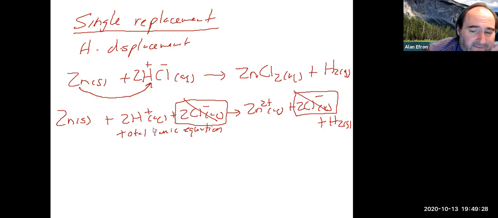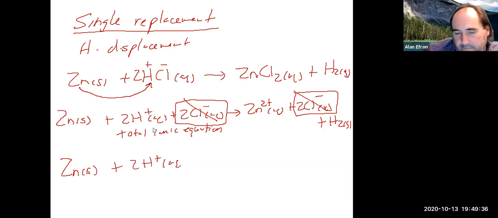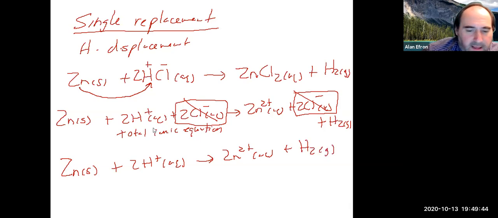And what that would leave you is the net ionic equation, which will look something like this. And as you can see here again, things that are solid didn't get broken apart, things that are gases stayed together. We just kept everything together, and this would be our net ionic equation.